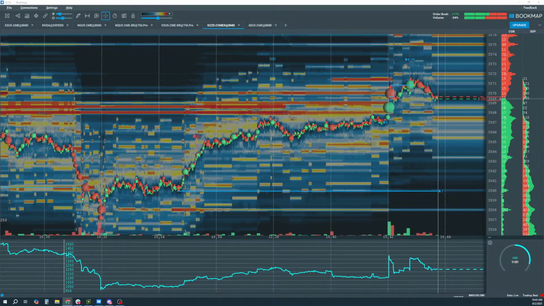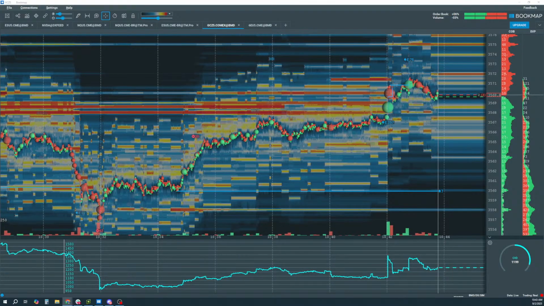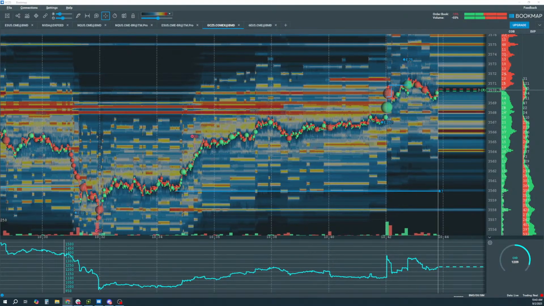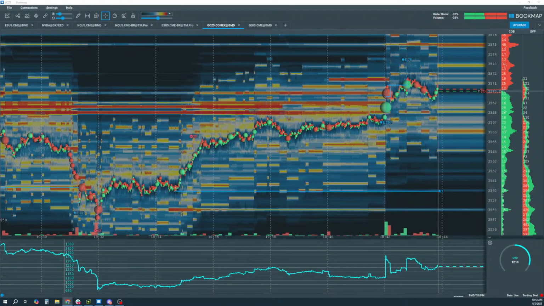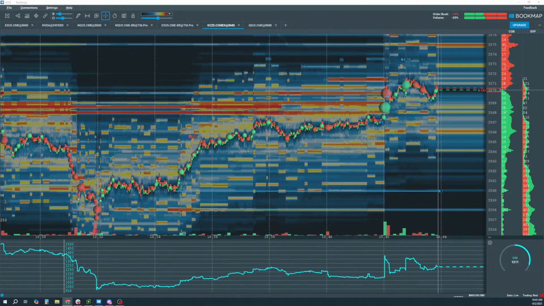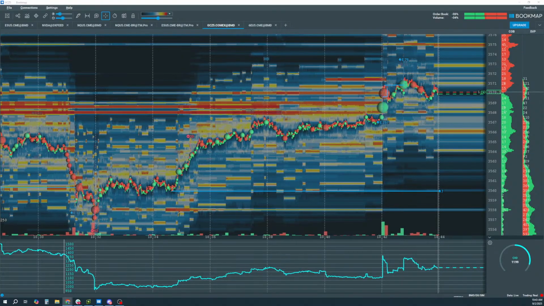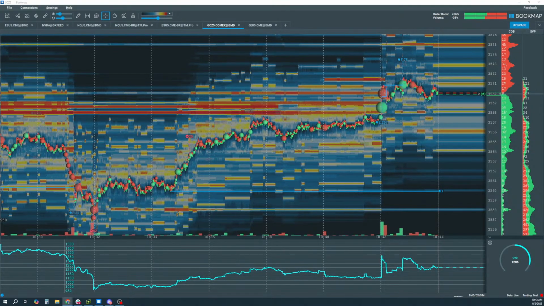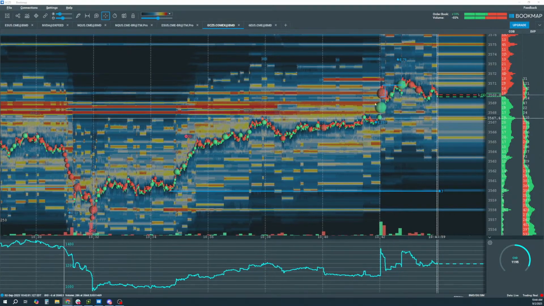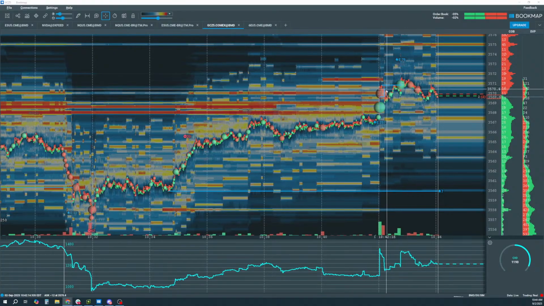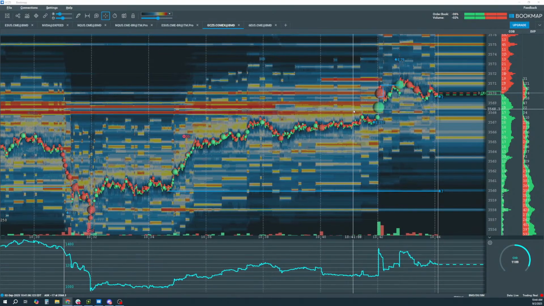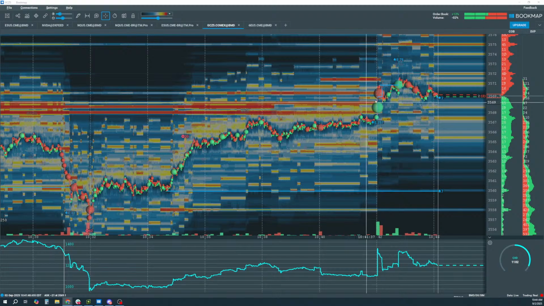Well, basically it means that they did not have the intent to trade, and there could have been a lot of people going for that liquidity, and all of a sudden the rug's pulled from them, and they may be on the hook. So it depends. It really depends on the reaction after that.